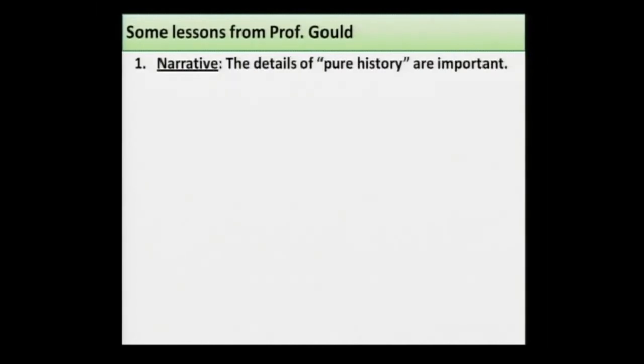So the idea that the details of what Dr. Lewontin called pure history are important. Knowing the specifics of how something has changed or how some lineage has evolved, but also how somebody's career changes with different events, I think is important. And Gould very much emphasized that.